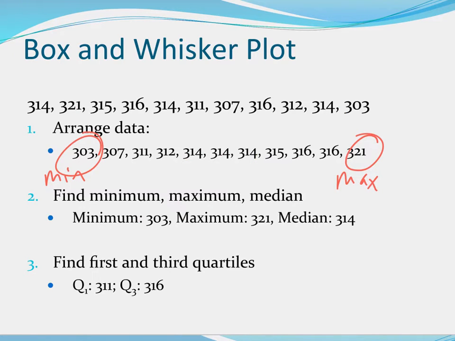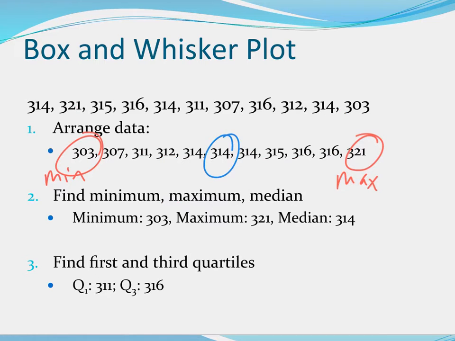You have to count the number of numbers: 1, 2, 3, 4, 5, 6, 7, 8, 9, 10, 11. So it's going to be the sixth one. Notice it's this 314, not a different 314. So it's the actual median right there. And if you didn't have one middle number, you'd have to average the two middle numbers to find the median. We all know how to do that.